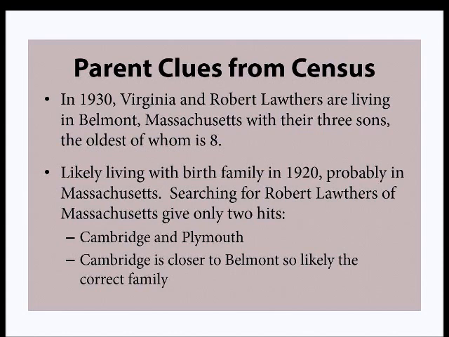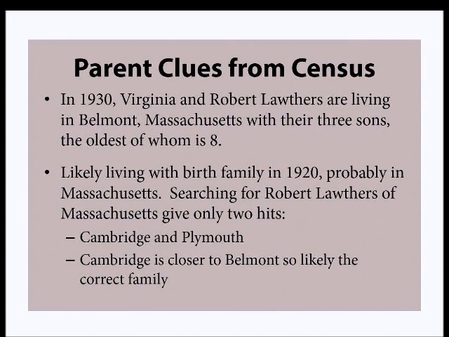Now, if I didn't already know the parents of Robert Lawthers, I could use the census to try to figure that out. Since their oldest child is 8, they probably got married around 1920 or 1921. Their oldest child was born in 1922.